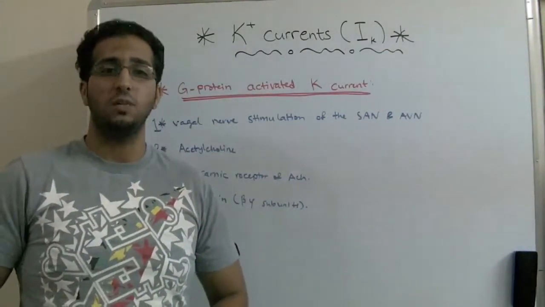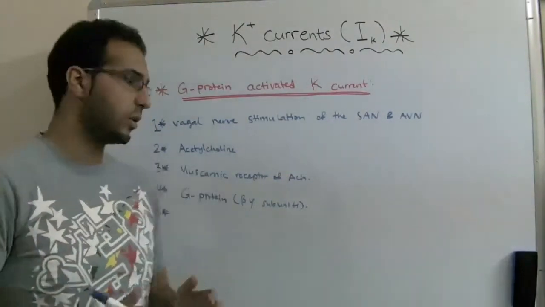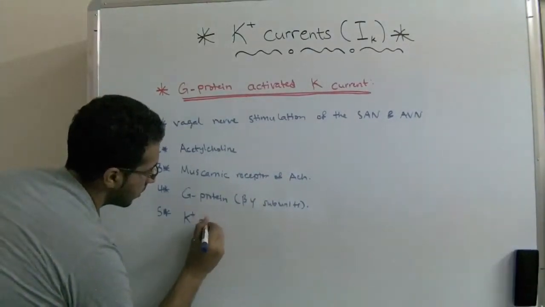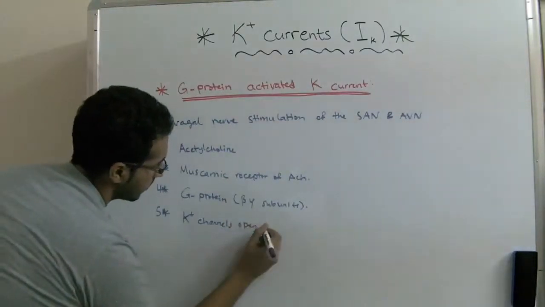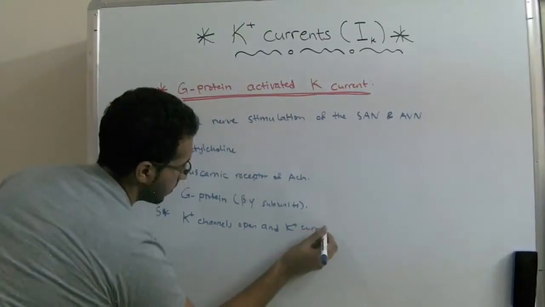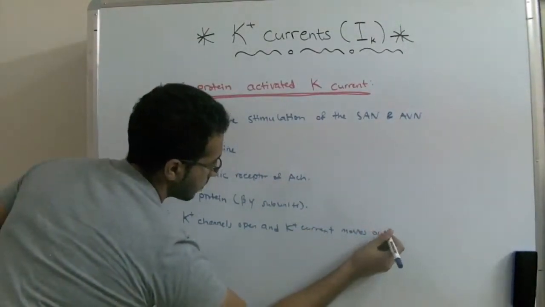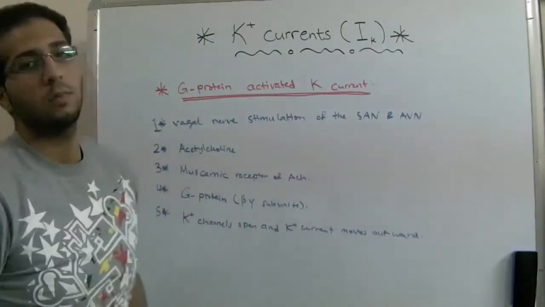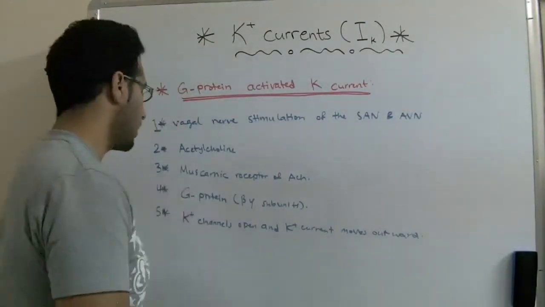After it, the potassium channels open and potassium current goes outward, which causes hyperpolarization.